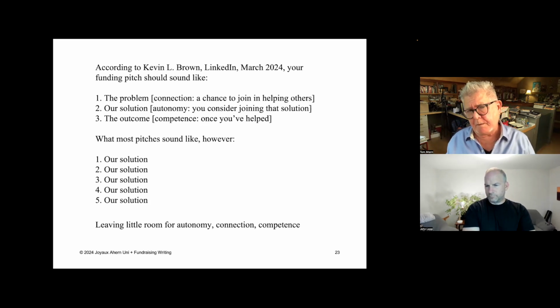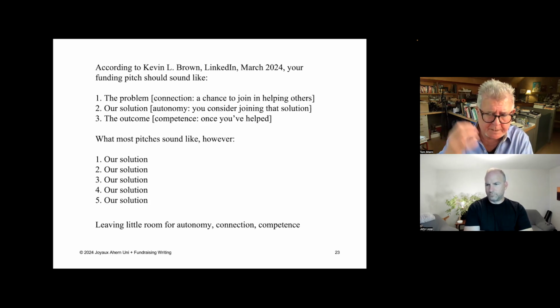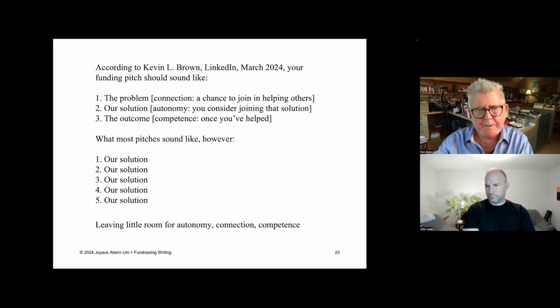That is, make a gift, volunteer, sign a petition, do whatever it is we are asking you to do to get past your inertia. And then finally, the outcome: together with my gift, through some terrific organization that I trust and believe in, we have competently solved a problem.